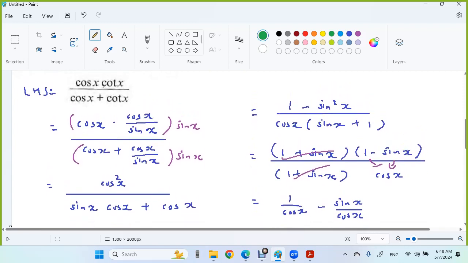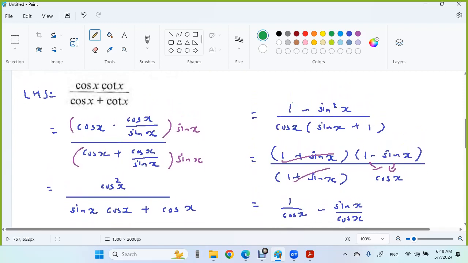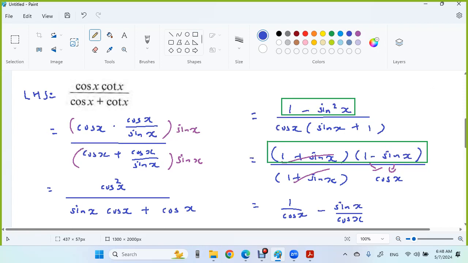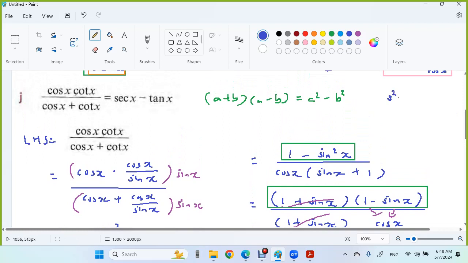So 1 minus sine square x is 1 plus sine, 1 minus sine. And then we also have sine square plus cos square equal to 1.